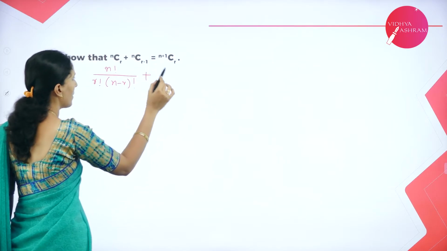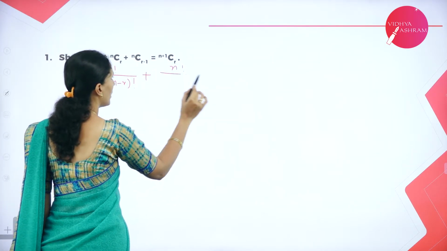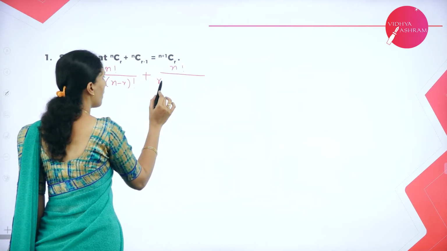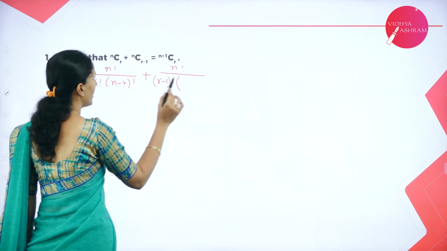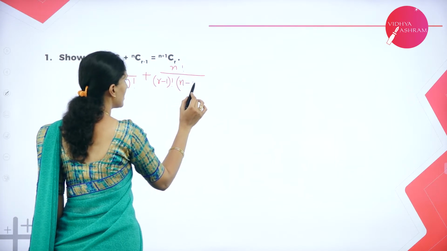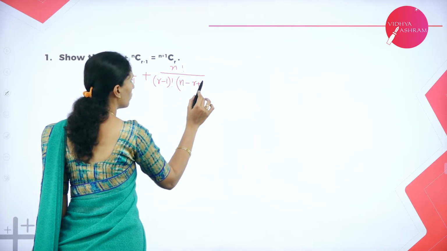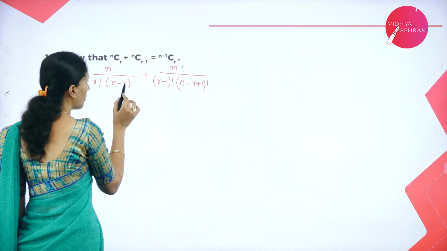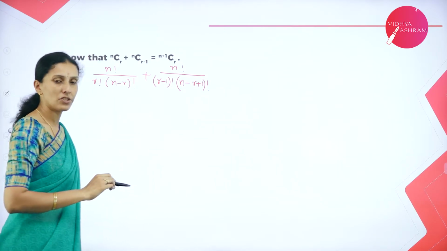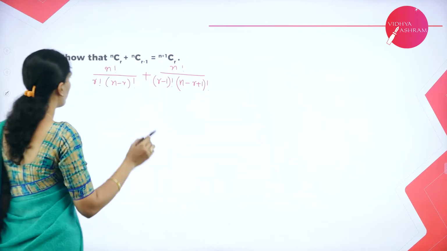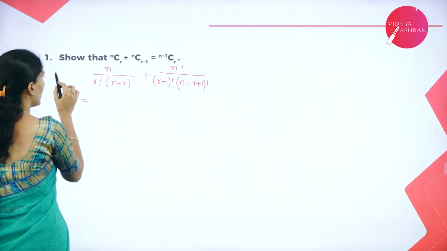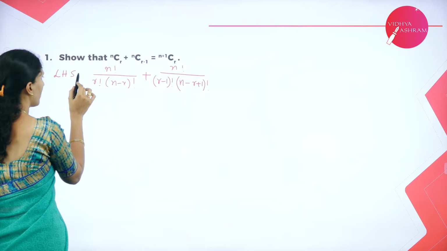Next nC(r minus 1) is n factorial over, in the place of r you have r minus 1 factorial, and here you get n minus r plus 1 factorial. If you substitute r minus 1 here, minus into minus 1 becomes plus 1. And this is equal to, now, we are taking only the left hand side part here.